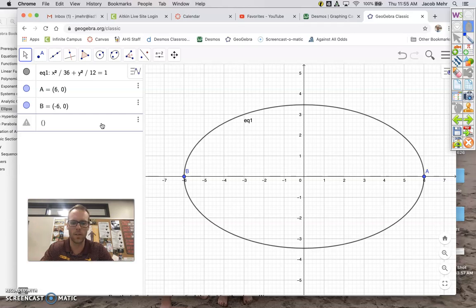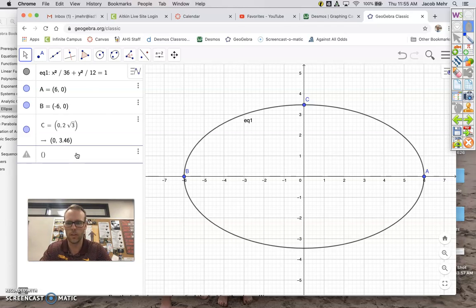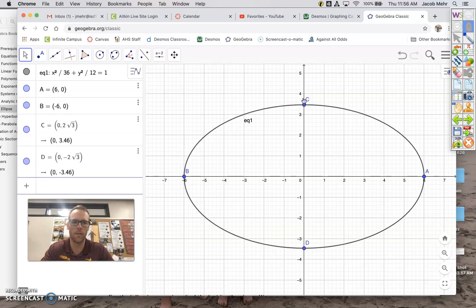We said our covertices were at 0, 2 root 3, and 0, negative 2 root 3. There we go. So now we have our vertices, we have our covertices.